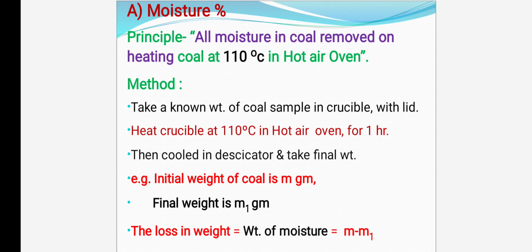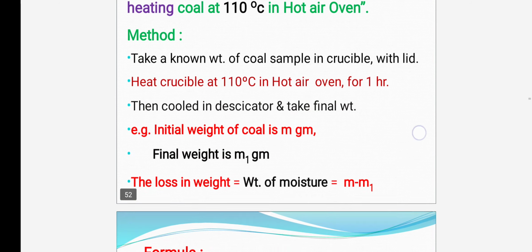So how to find loss in weight? Loss in weight is the initial weight minus the final weight, that is the weight of moisture. Who is responsible for reducing the weight of the coal sample? Moisture. As we removed moisture, the loss in weight is the weight of moisture, which is equal to m minus m1.